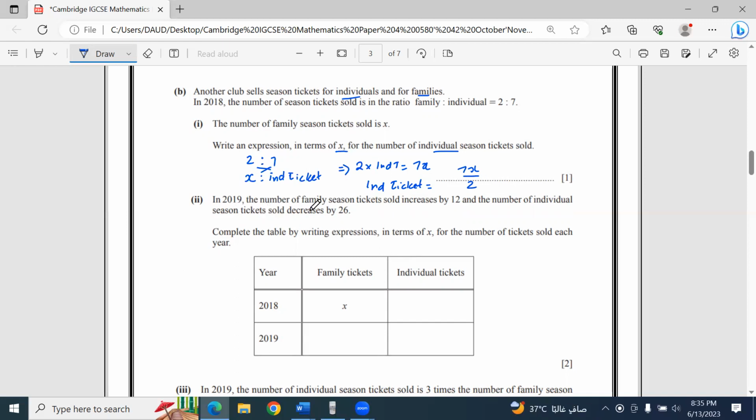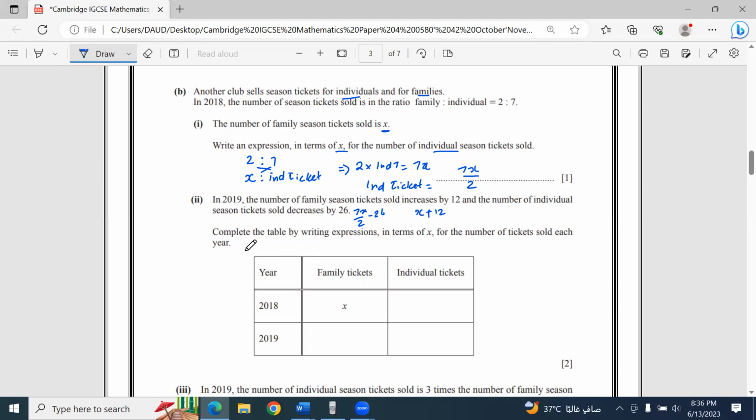In 2019, the number of family season tickets sold increased by 12. Remember, for family we have x, so it is x plus 12. And the number of individual season tickets sold decreased. For individual we have 7x over 2, so now it is 7x over 2 minus 26.